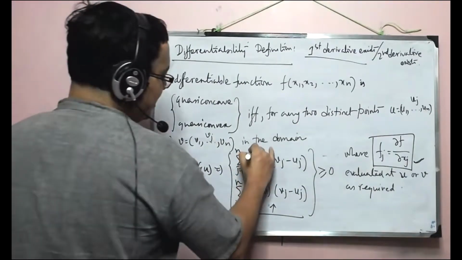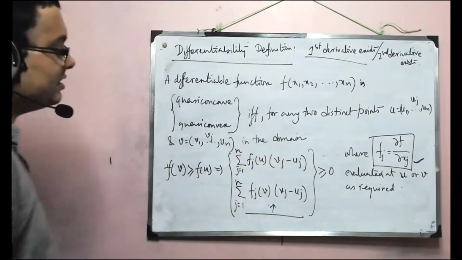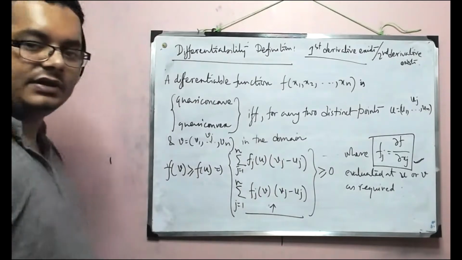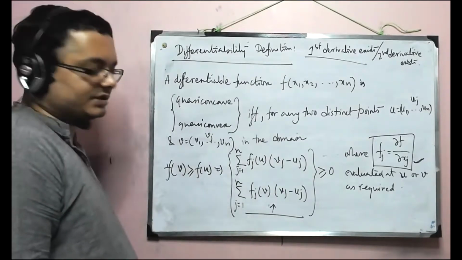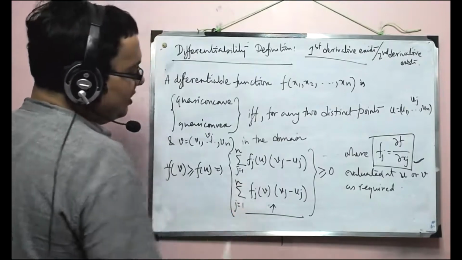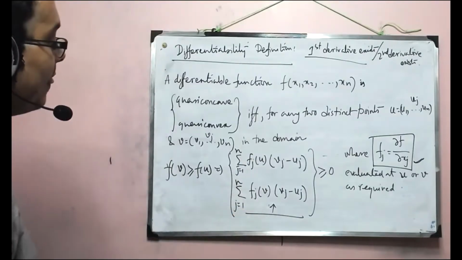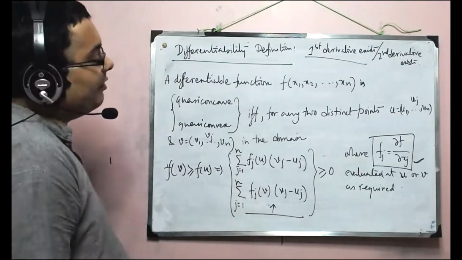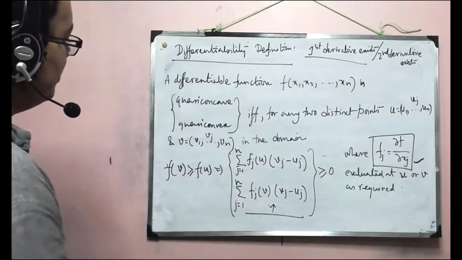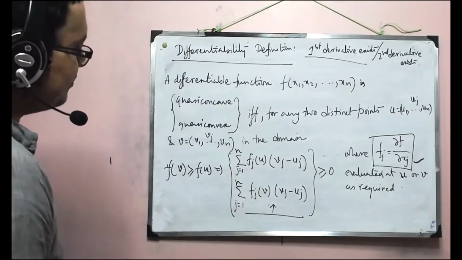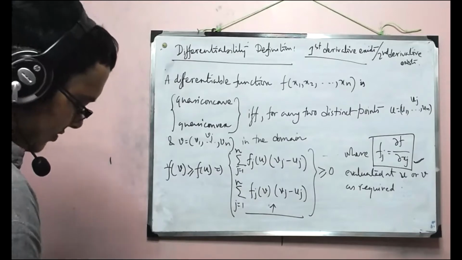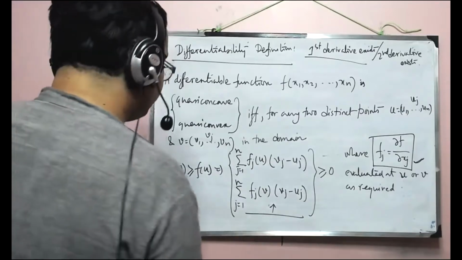So we can mechanically do that. But one important point to consider here is that it depends on the first order partials. Now, to comprehend it better, let's look at what happens if we consider u and v to be univariate.